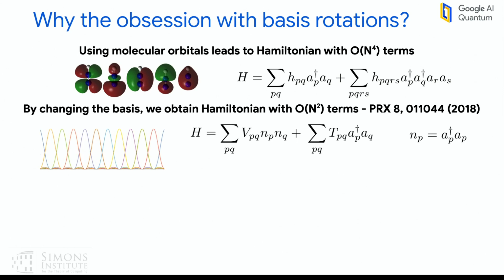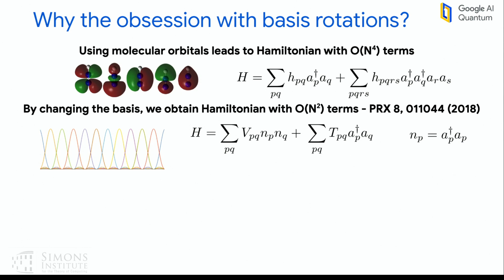So, one comment is that if you use a simpler basis, for instance, these sinc functions or something which are related to plane waves, you can get a much simpler form of the Hamiltonian that has only n squared terms in it. And with a Hamiltonian like this, expressed using this basis, you can perform measurements much more easily. The Trotter steps are much smaller.